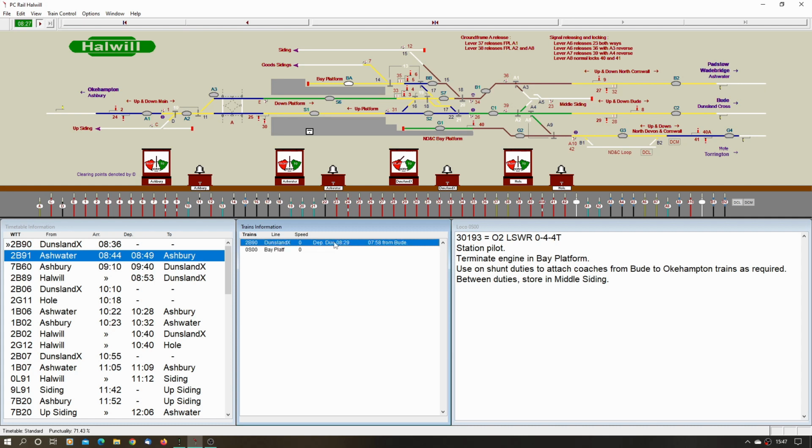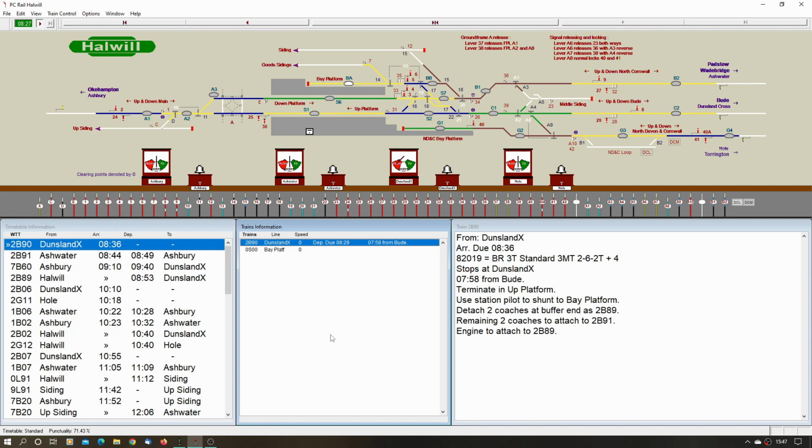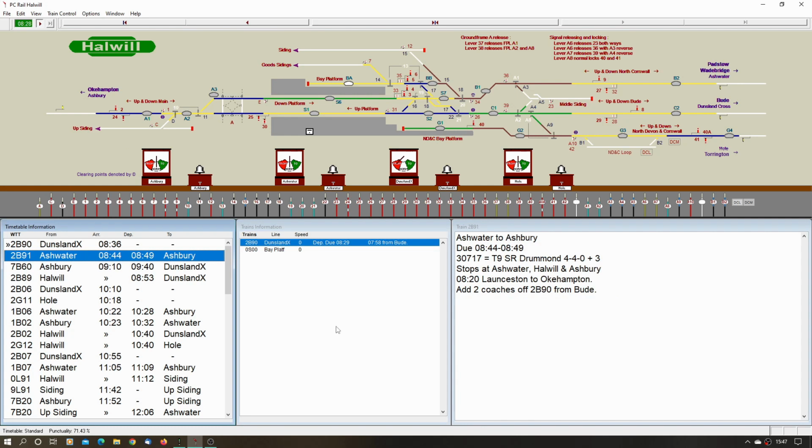Right, he's arrived, he's stopped at the station, Dunsland Cross. We're due to depart at 8:29 from there. He arrives at 8:36 or so. It takes him 7 minutes. Now this one, Ashwater's a bit further away.